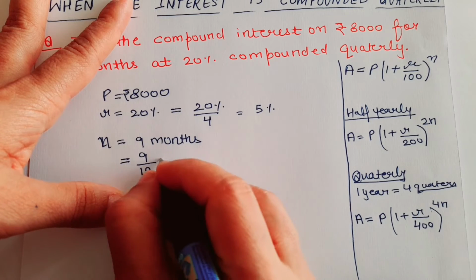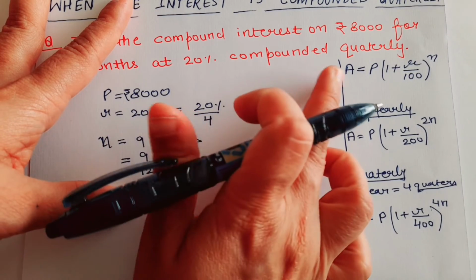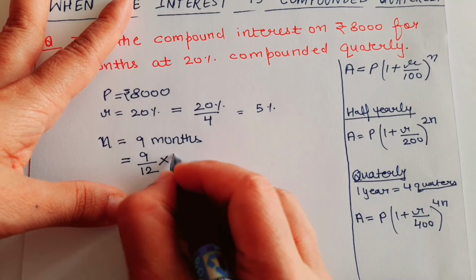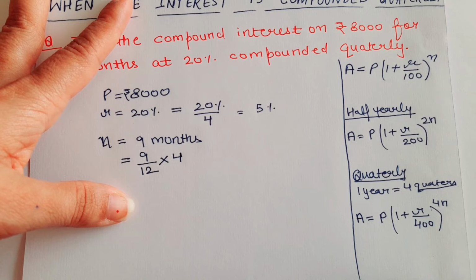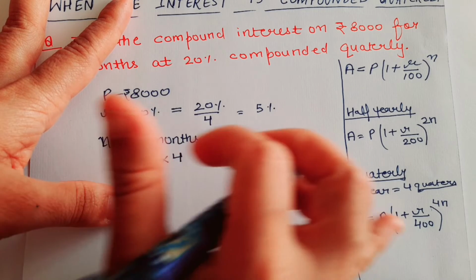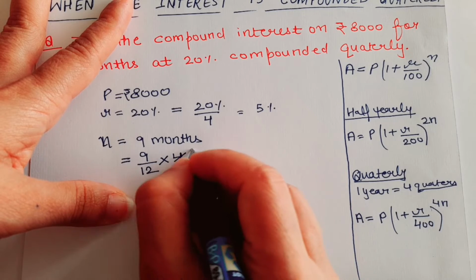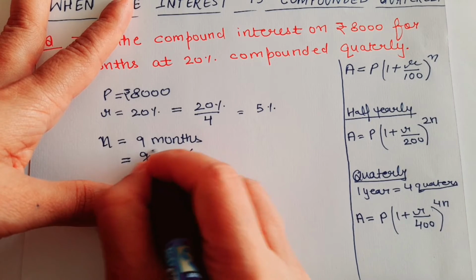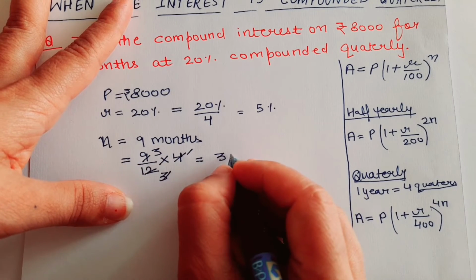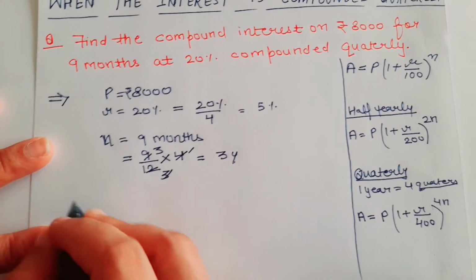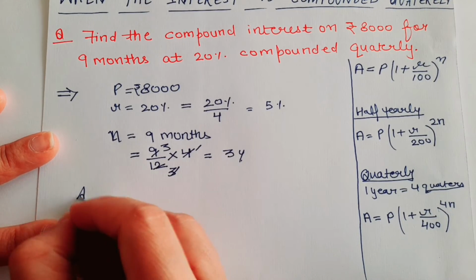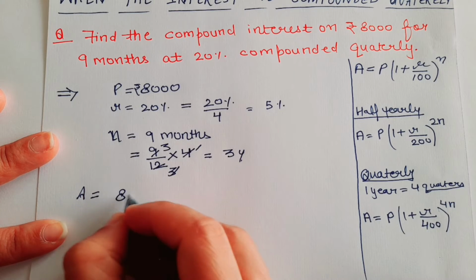Then because we are compounding quarterly, we need to multiply the time by 4. 4 3s are 12, 3 3s are 9. So we get 3 years.